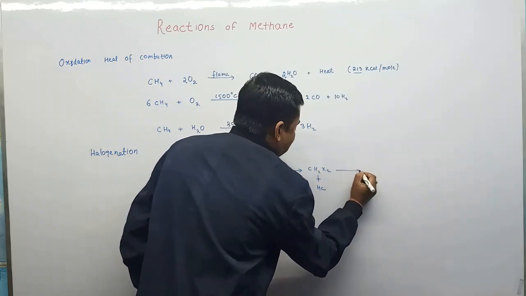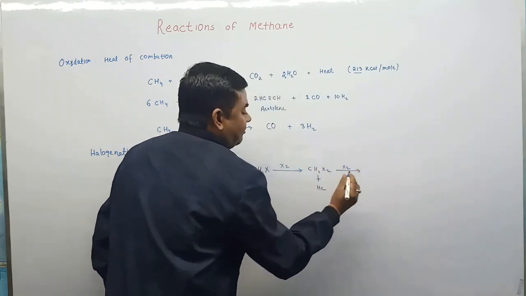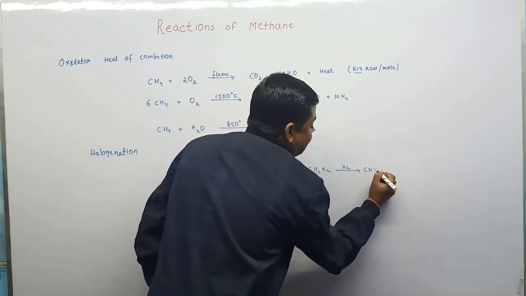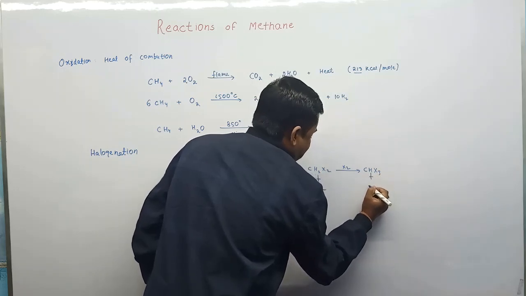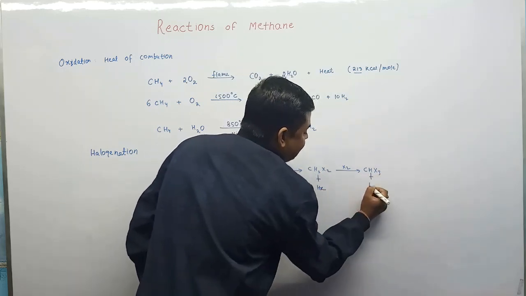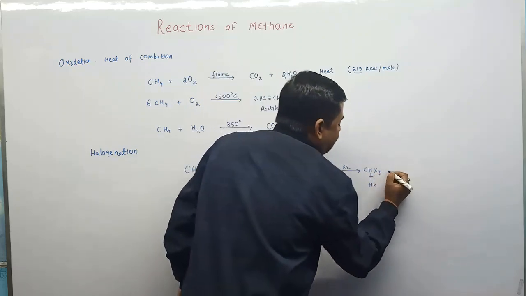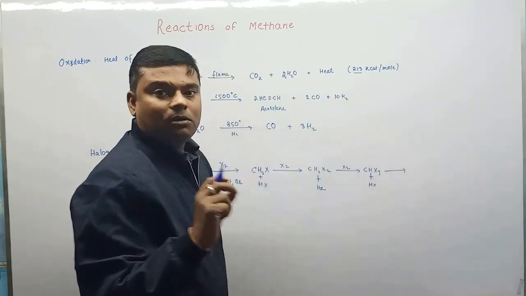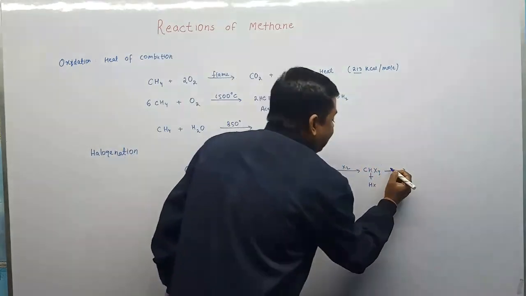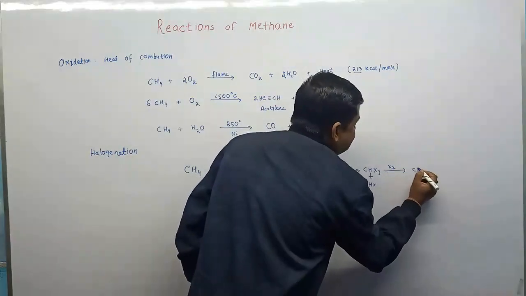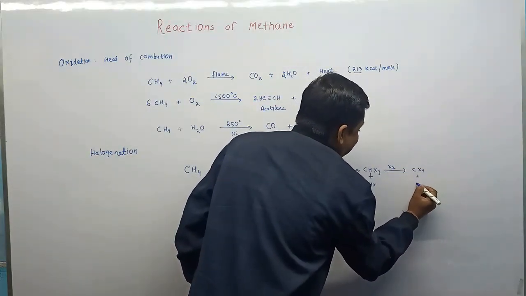Further the reaction goes on with X2, and we have CHX3 plus HX, and lastly the one remaining hydrogen is also replaced by halogen with X2, so we have CX4 plus HX.